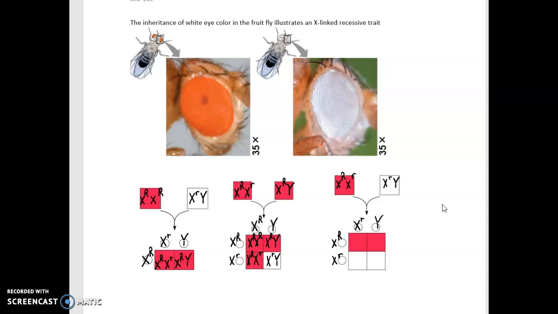And we'll get half of our females will be red-eyed. So these will be the females. One is a heterozygote. This one is homozygous for white eyes. For the male, we'll get a red-eyed male, and we'll get a white-eyed male.